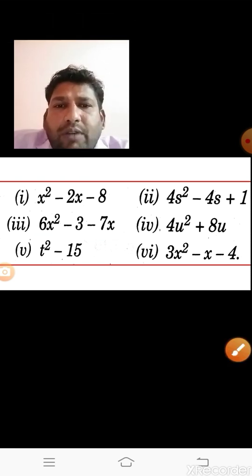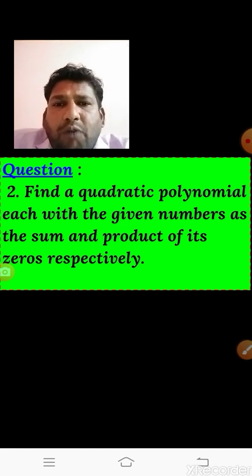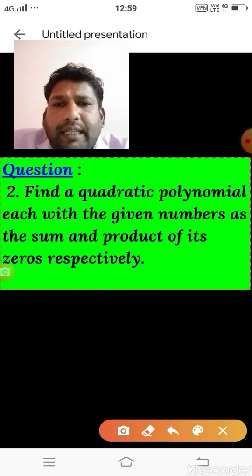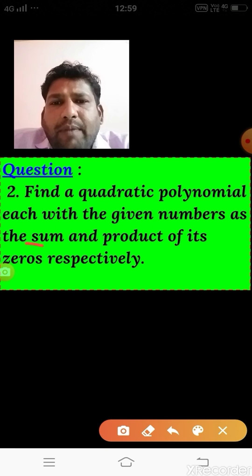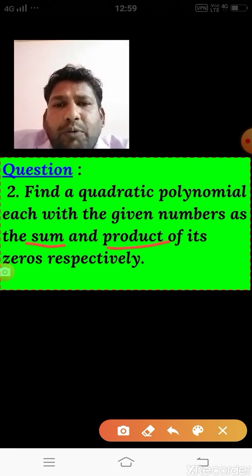And in the second question we have to form a quadratic polynomial, and in these the sum and product of the zeros are given to you.